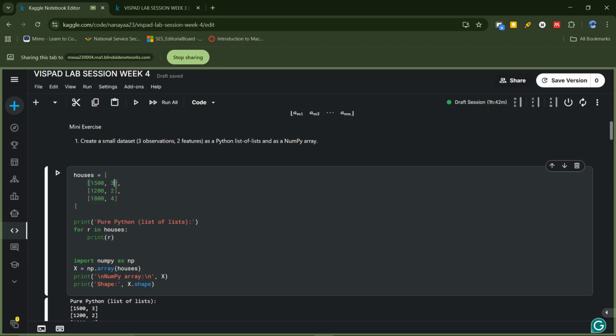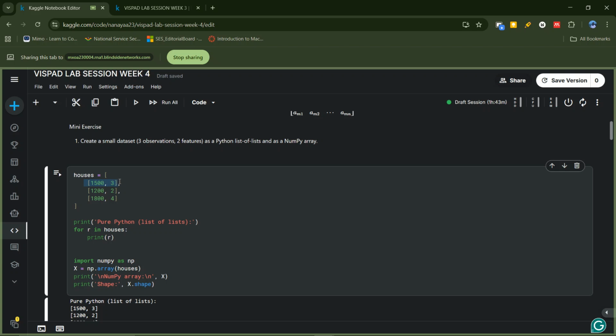And each element, this one and this one, are separated by a comma. This element is a list, this element is a list, and this makes it a list of lists, hence a matrix. Okay, great.